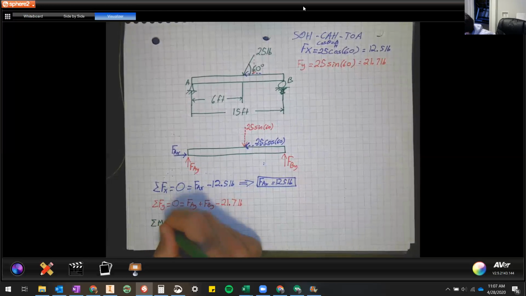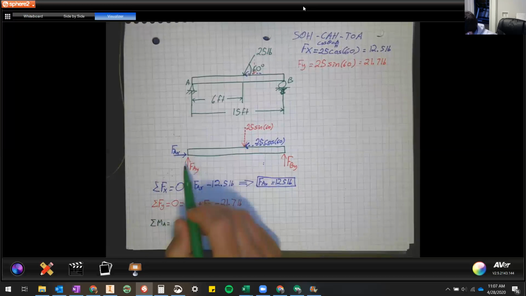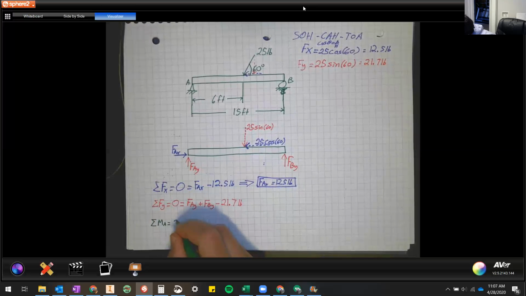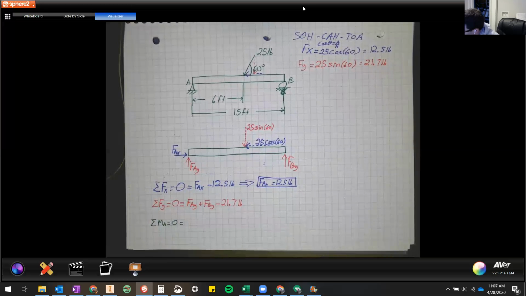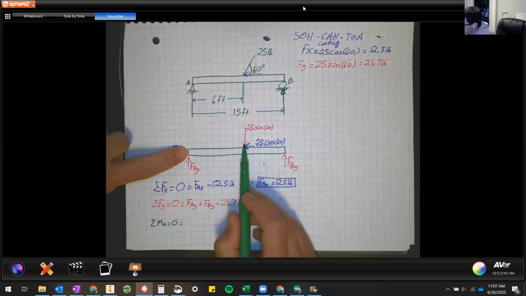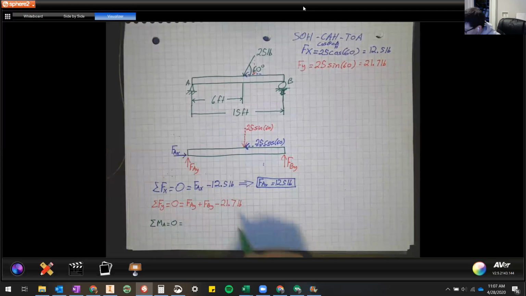So the sum of my moments, and this time I'm going to write it like this, the sum of my moments about point A. Point A is my hinge joint with the two forces. So I'm going to do my moments about the point that has those forces. And again, moments are caused by a perpendicular force times your distance. Now, positive moments act counterclockwise.